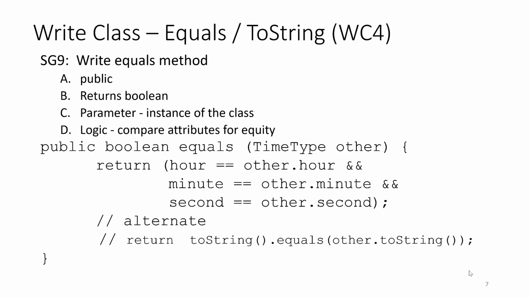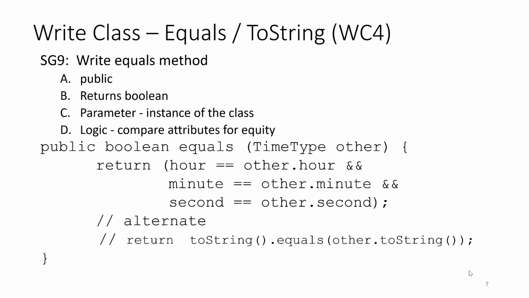Subgoal 9 is to write the equals method. For an equals method, it needs to be public. It should return a Boolean value, true or false. The parameter should be an instance of the class, and then the logic is to compare the attributes for equity. As the designer of the class, you get to define what it means for two instances of the class to be considered equal.